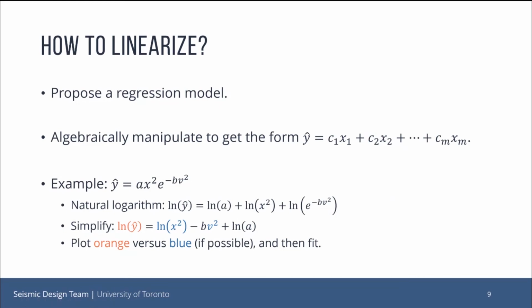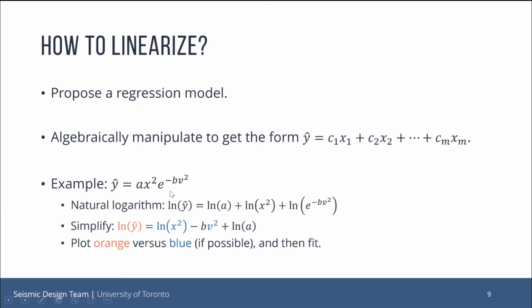And regression is basically responsible for finding out what a and b are given x and v, and also y. So in this case, you can see that obviously we're not in a linear form here because we have one of the variables inside the exponential function and the other one is being multiplied to that. So we got to separate them out.